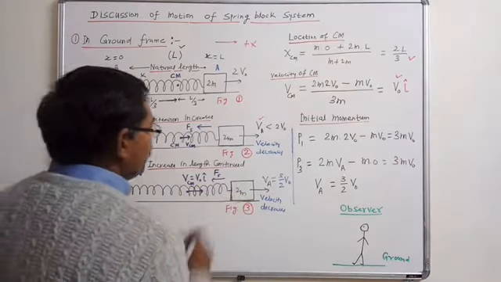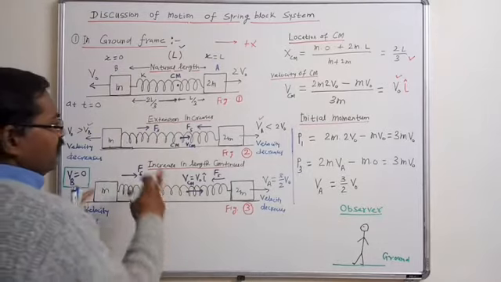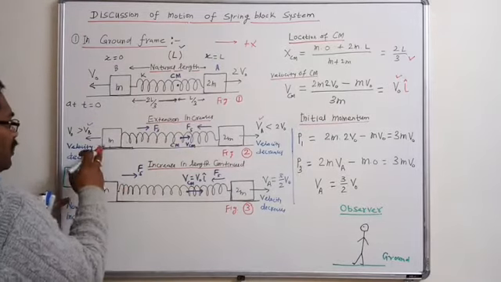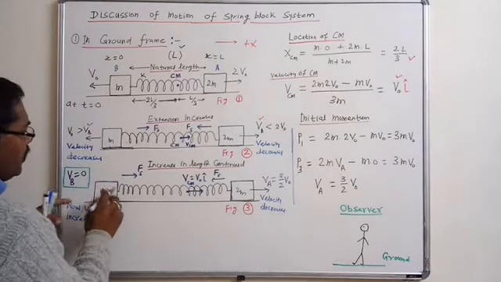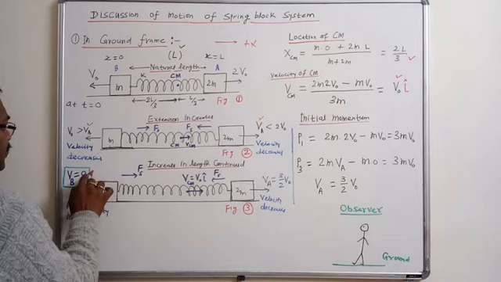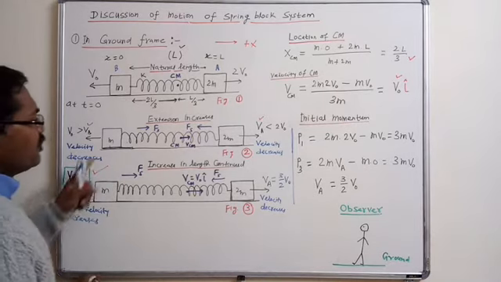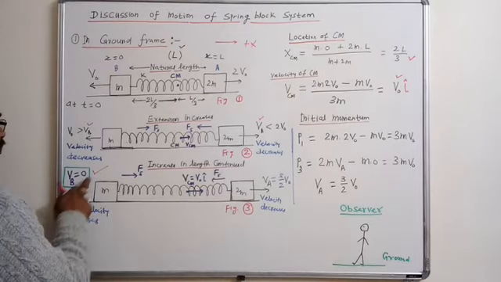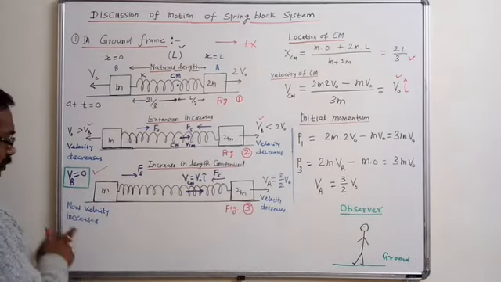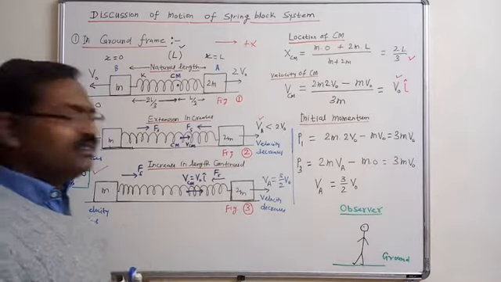In figure 3, because this block is moving with initial velocity v naught, hence first this block will come to rest because this velocity is less, this velocity is more. So therefore velocity of this block B will become 0 first.